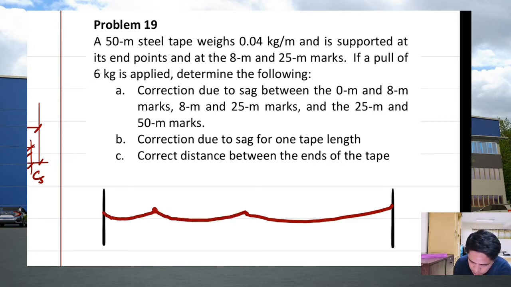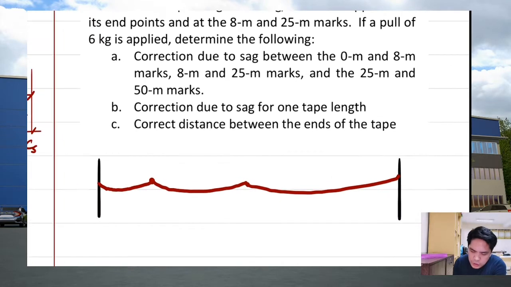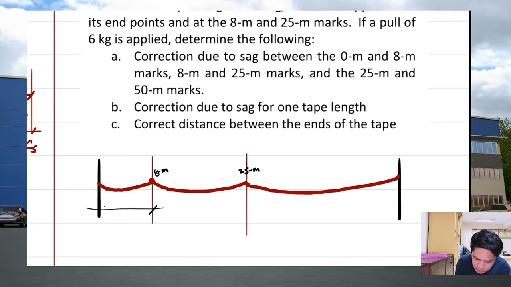So therefore, may correction due to sag dito, may correction due to sag dito, and may correction due to sag dito. Let's label muna natin. This is the 8-meter mark. This is the 25-meter mark. So the length here, let's call that L1, that's 8.